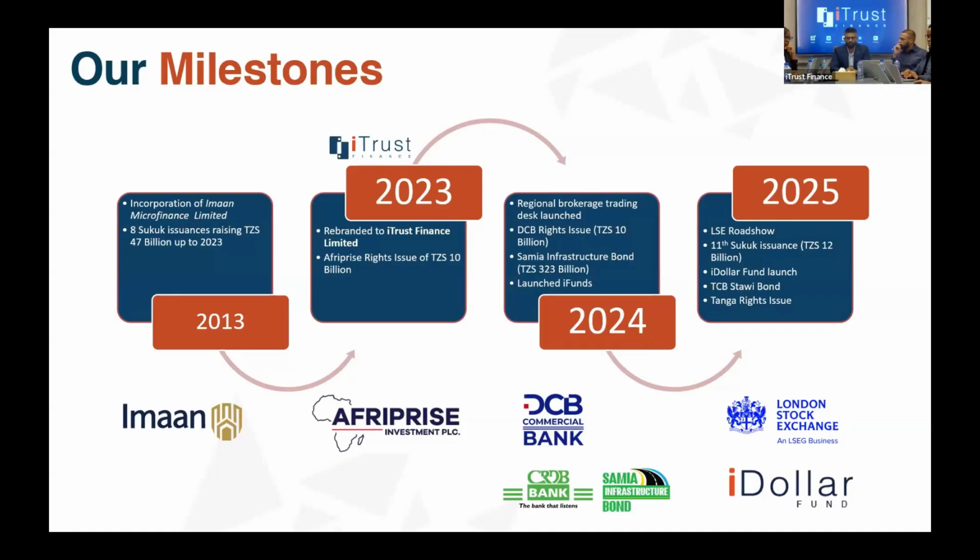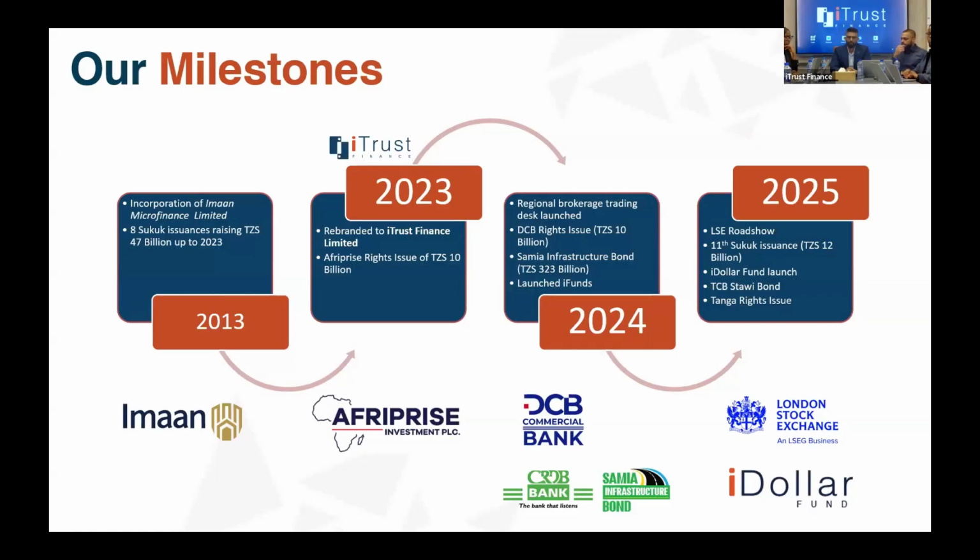Currently, in the last quarter, we did 3 different transactions. One was the Stawi bond from TCB Bank. We did the Sukuk of CRDB Al Baraka on both a T-shilling and dollar transaction.